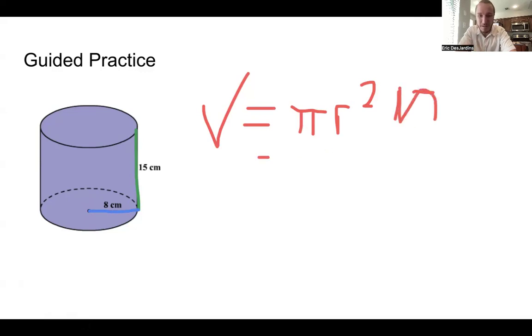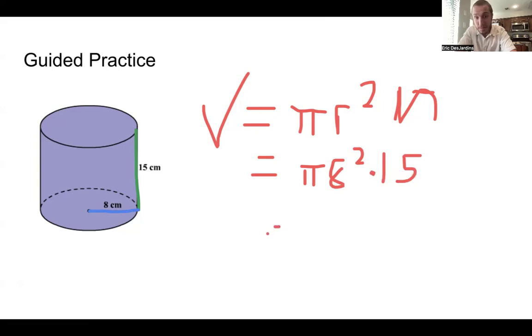Then we put the numbers in. So pi stays the same. Then our radius is 8 squared, and then our h is 15. So pi times 8 squared times 15.